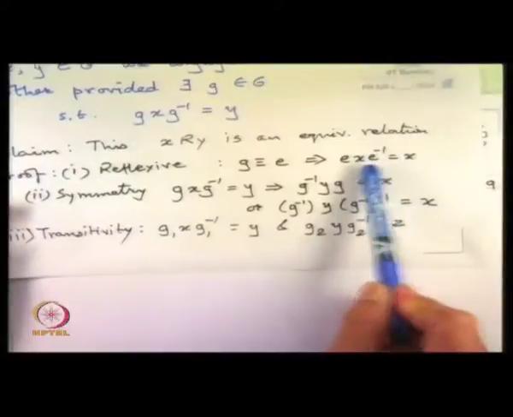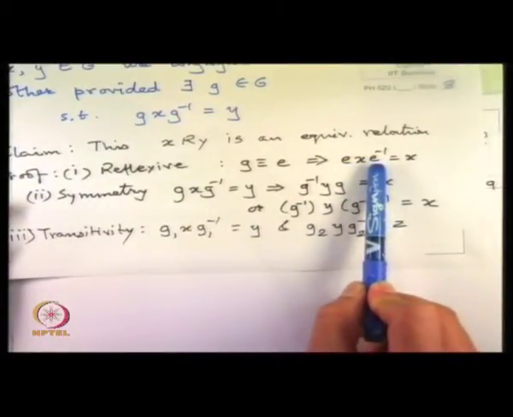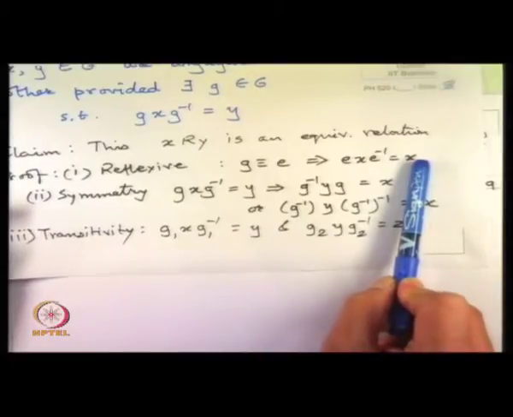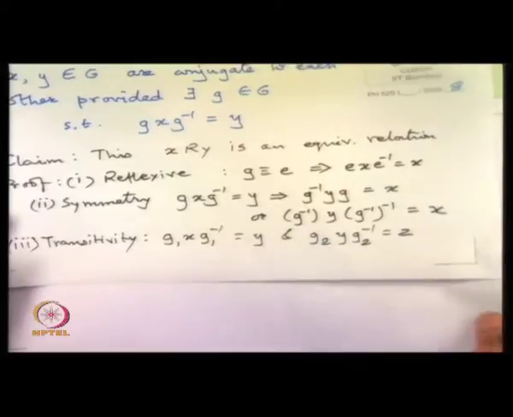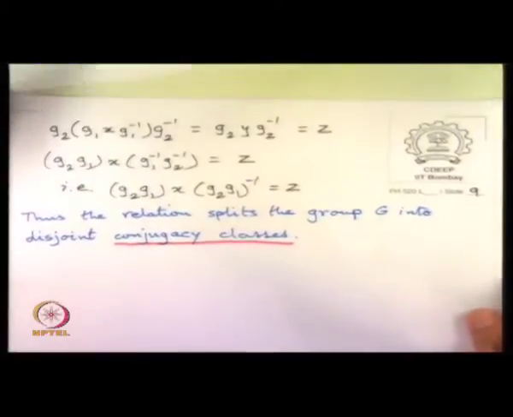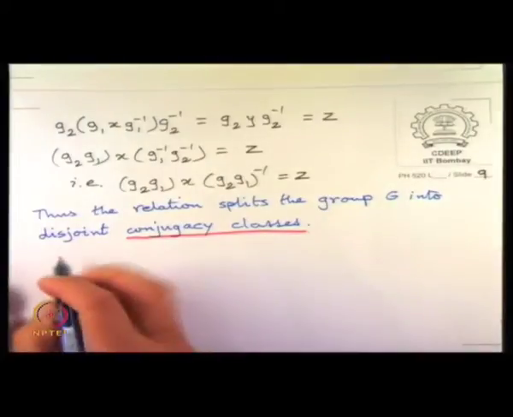E will always remain related to itself. If you put G, E, G inverse, you will get back E regardless of what G you used. So E can never be converted into anything else by this kind of transformation, and so E will always constitute its own class.